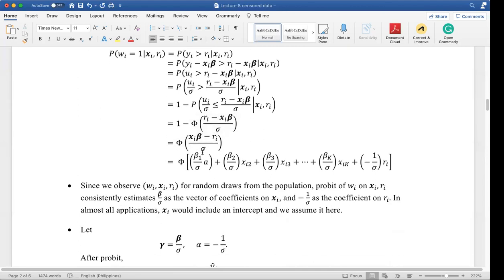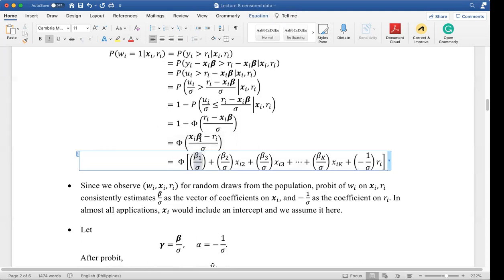If you expand this argument out, that is the CDF evaluated at beta 1 over sigma, which takes care of the intercept, where x is equal to 1, plus beta 2 over sigma x sub I2 plus beta 3 over sigma x sub I3 and so on to beta k over sigma x sub Ik.